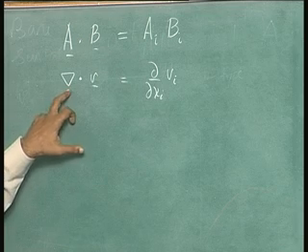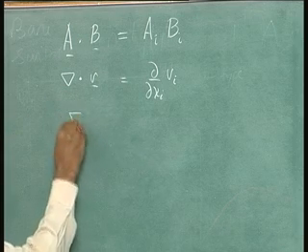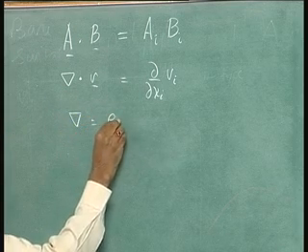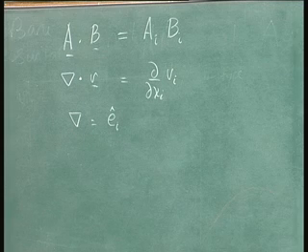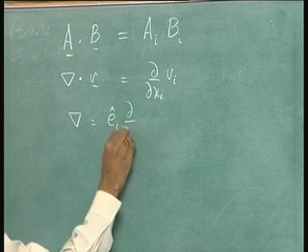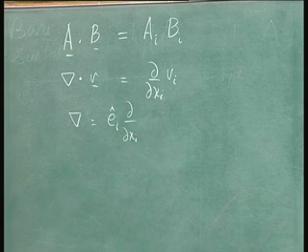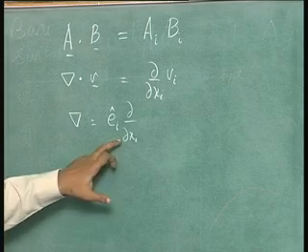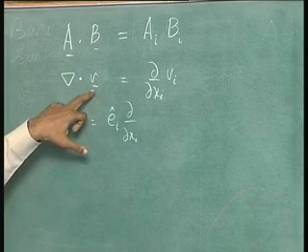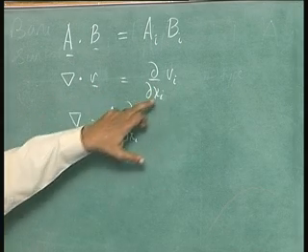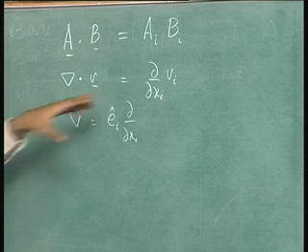So, the gradient operator is the unit vector along the i direction multiplied by del del xi. This dotted with the vector V gives me this dot product, which is nothing but the divergence.